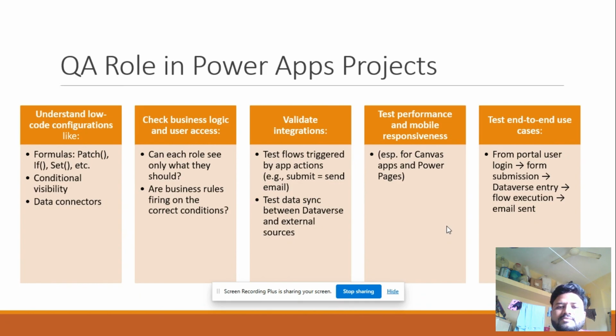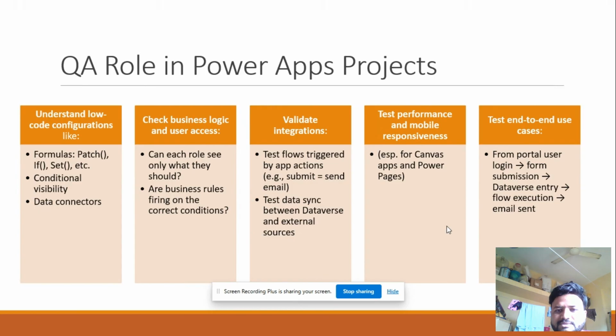Then the third point is to validate integrations. Test flows triggered by app actions. For example, if there is a submit button, we need to check that once the user submits the form, that user and the next approval person both get the email notification and the correct links to complete the process. Then test data syncs between the database and external sources.